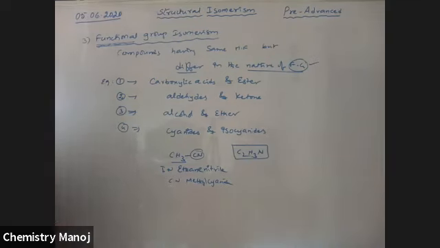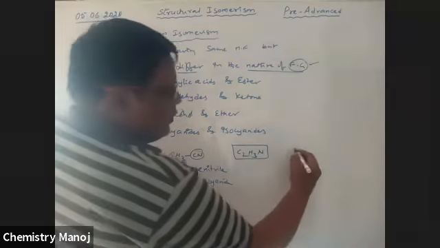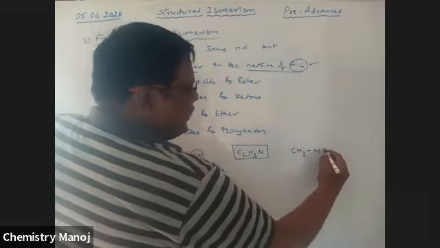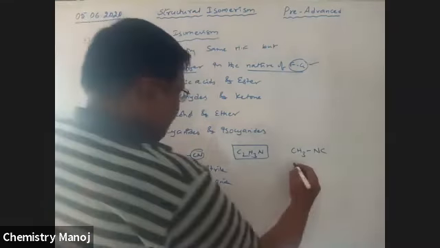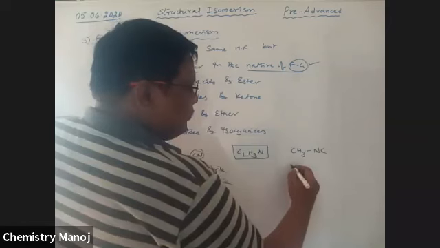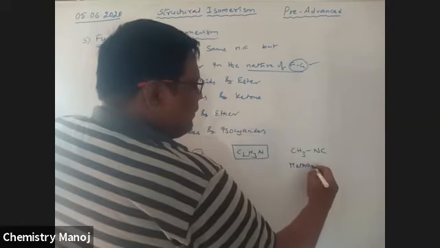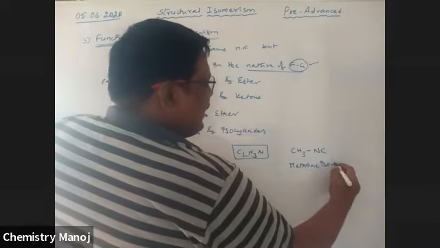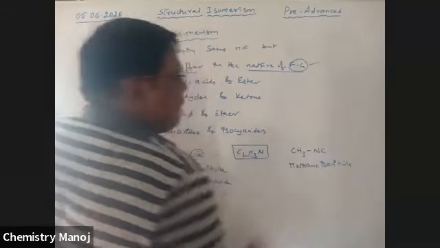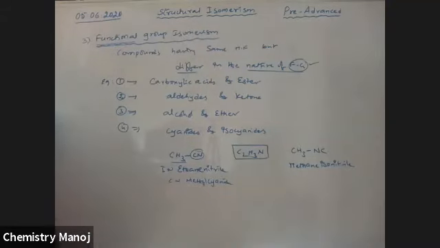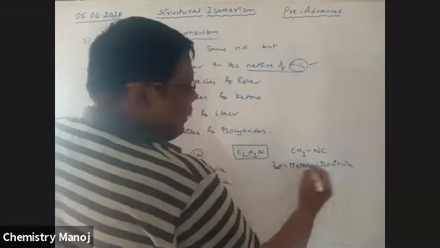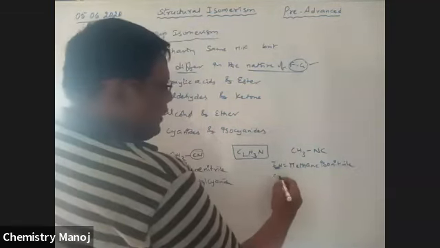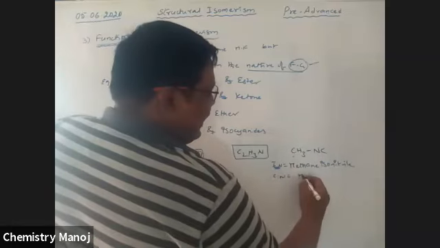Okay, now I'm writing here CH3NC. It is methane isonitrile. So this is the IUPAC name, and the common name is methyl isocyanide.